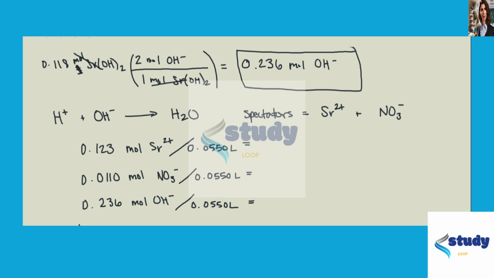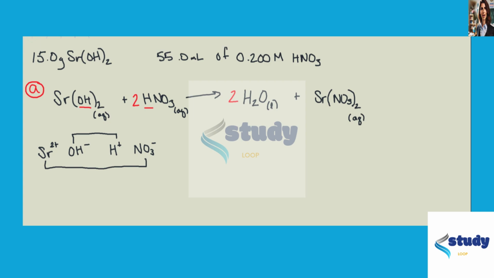The concentration of strontium is going to be 2.24 molar in Sr2 plus. The concentration of nitrate is going to be 0.200 molar, which if we look back at the beginning, is the same concentration of nitrate that we started out with. And why does that make sense? Because I'm not using any of the nitrate.